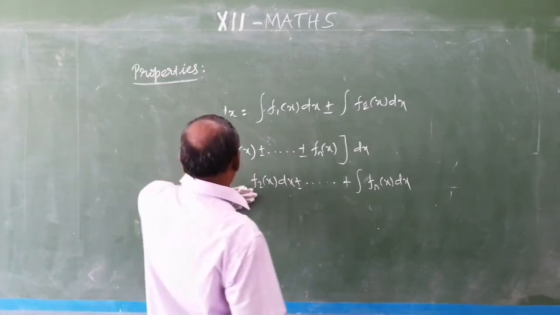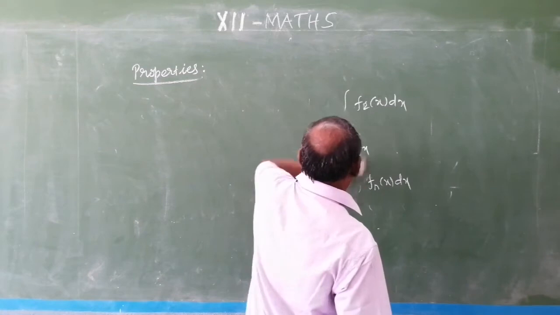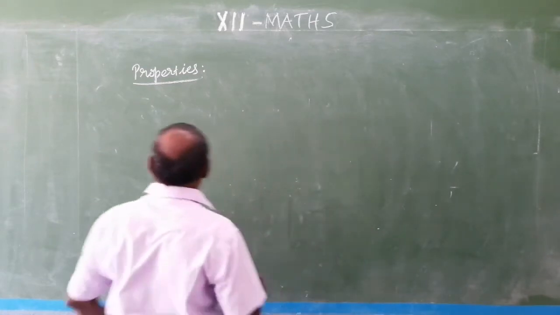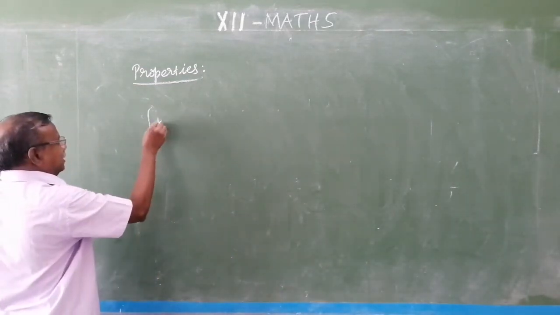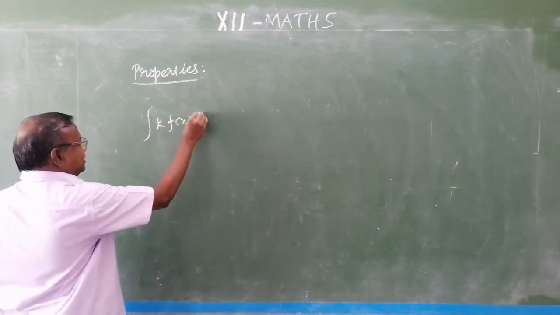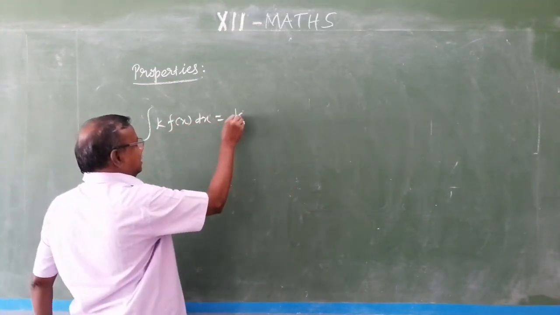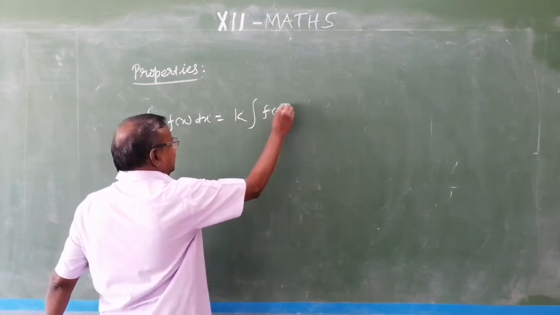And if a function is multiplied by a constant k, that is integral k into any function of x dx, it is nothing but k into integral f of x dx.